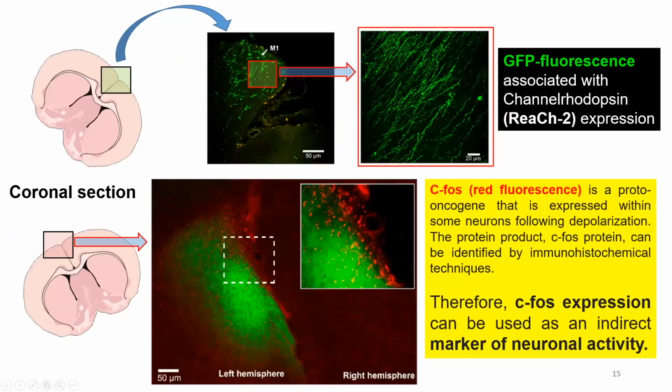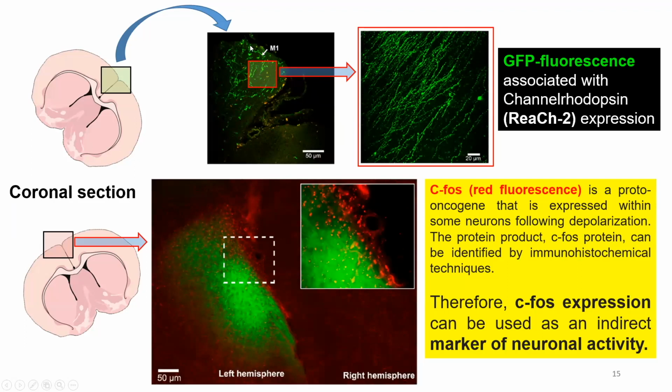We can see the green neurons in one hemisphere. It's the M1 primary motor cortex area where the adeno-associated virus was injected, and where we can see expression of channelrhodopsin, which is associated with GFP protein, GFP fluorescence.